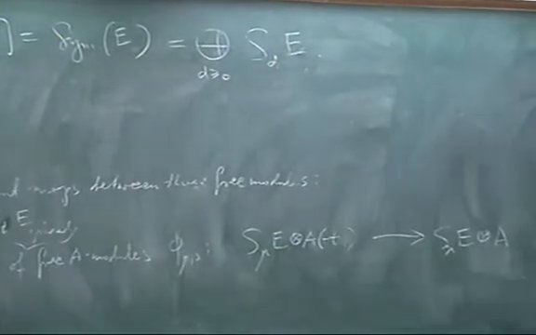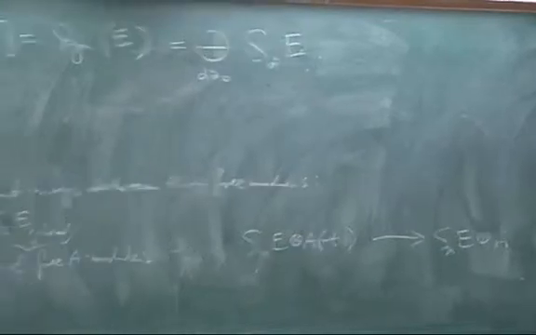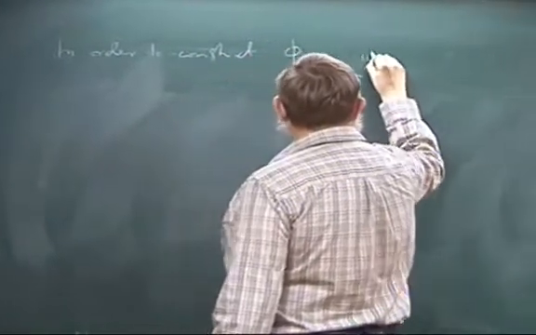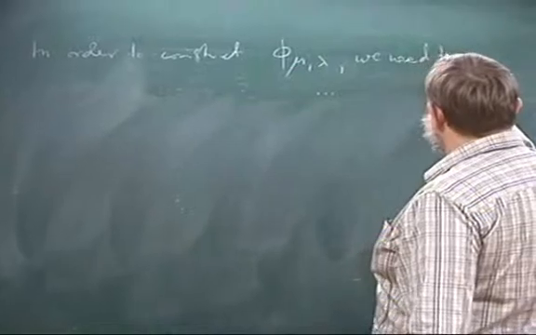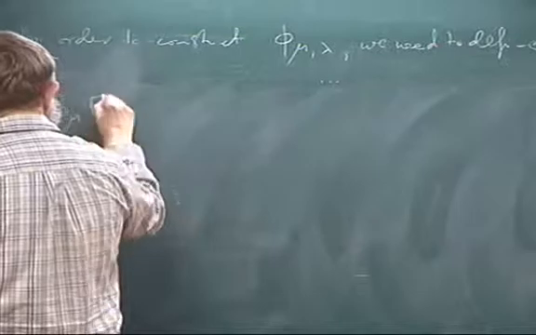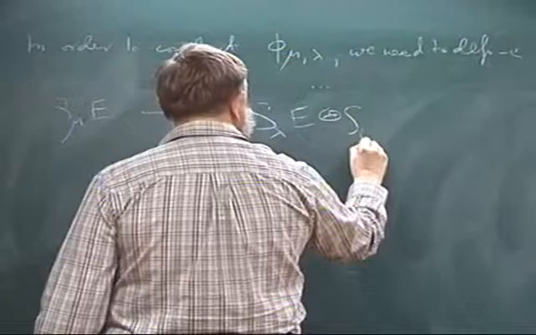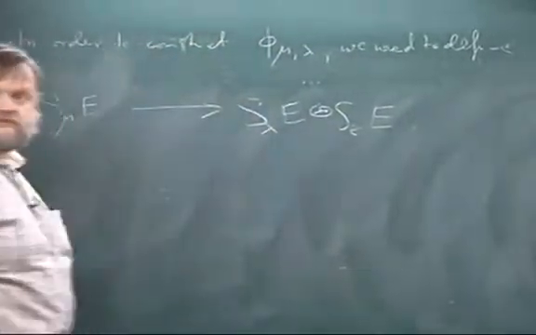So what I need to do in order to construct phi_{mu lambda}, we need to define the map from S_mu E into S_lambda E tensor S^t E. Right? Because it has to be a map of degree t, and the t-th component of A is the t-th symmetric power.